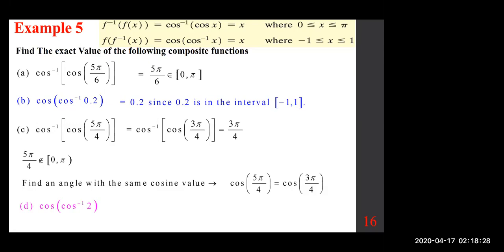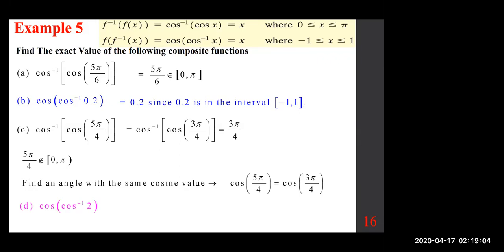So you have to pay attention to the sign of the trigonometric function. Is it positive or is it negative? So cosine of 5 pi over 4 is negative because it's in the third quadrant. So you have to choose the quadrant accordingly. And in both cases, whether it's quadrant 1 or 2, notice that pi over 4 is the reference arc.